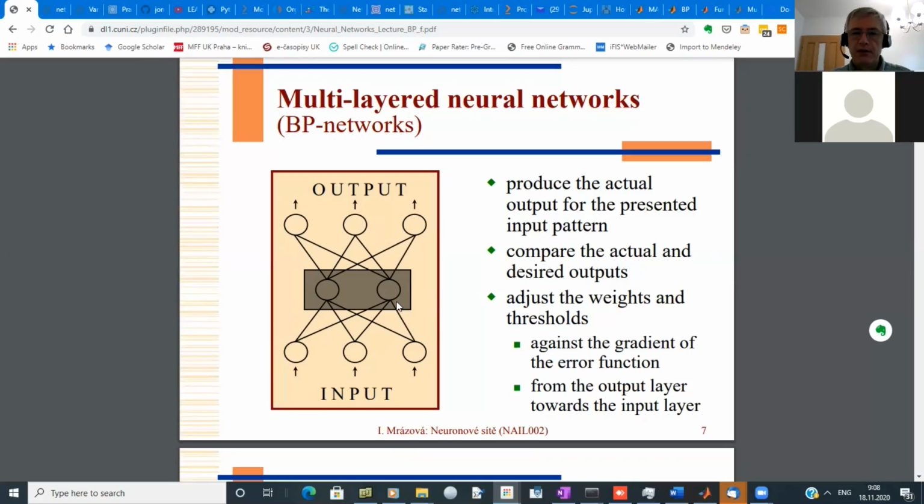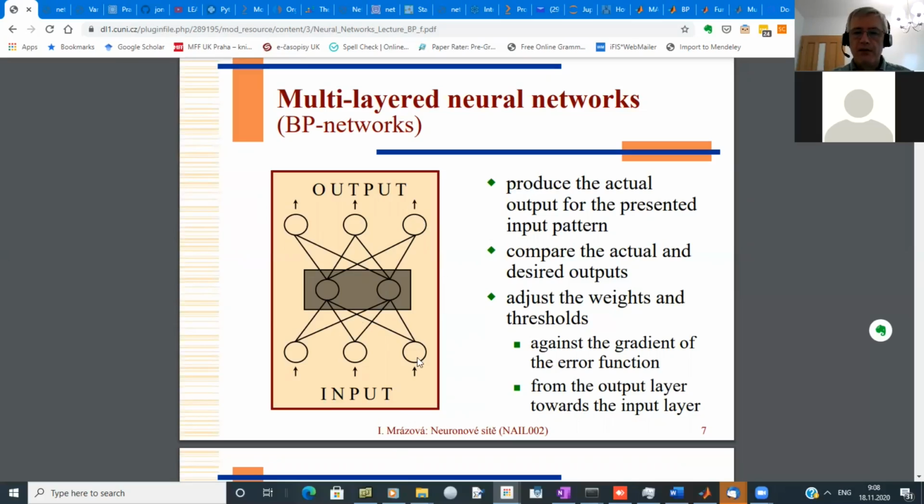The neurons in the hidden layers and also in the output layer are computing. They are actually perceptrons, but usually with a different transfer function or activation function than the usual perceptron. We will see it in a while.